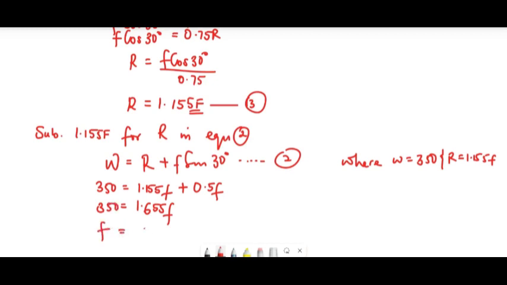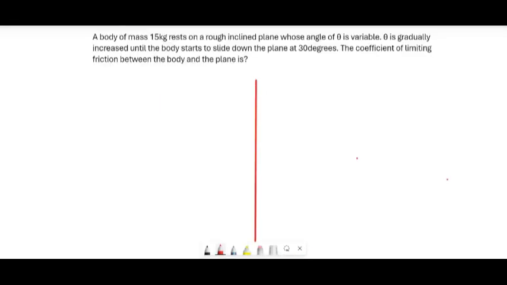F is going to give us 350 over 1.655. So what are we going to have? We're going to have 211.48, which on approximation is 211.5 newtons. And the next question says a body of mass 15 kg rests on a rough inclined plane whose angle theta is variable. Theta is gradually increased until the body starts to slide, right? The plane at 30 degrees.